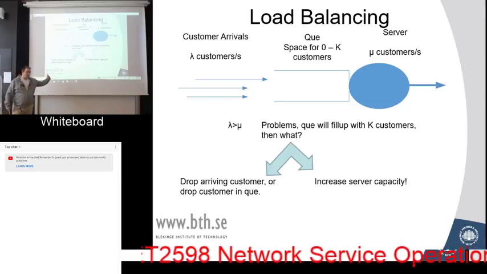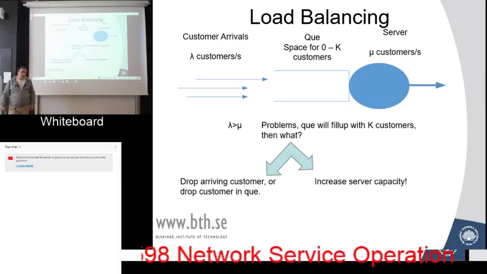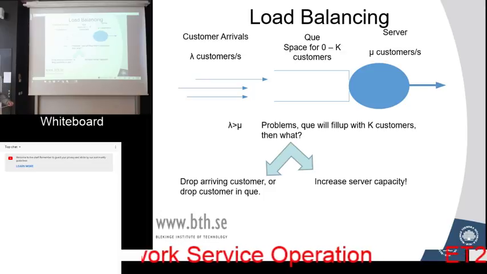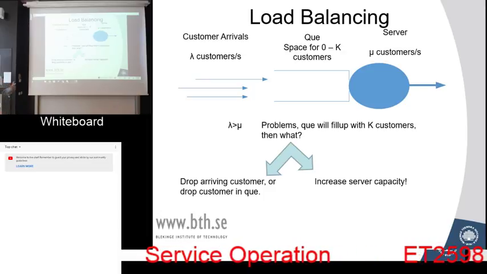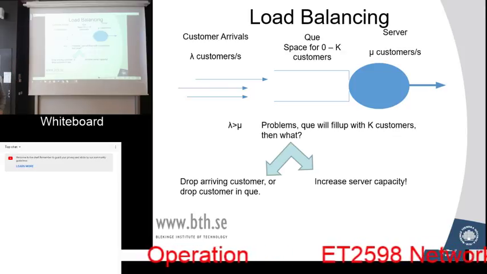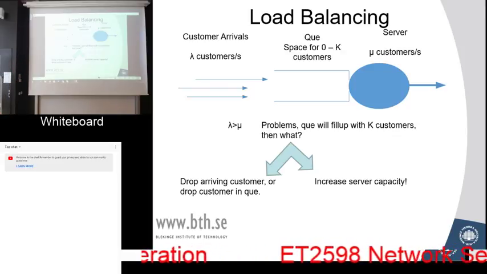If you randomly drop a customer that is in the queue, that I think is just pure evil, because perhaps you're first in line and then you're being thrown out. But there are different ways.